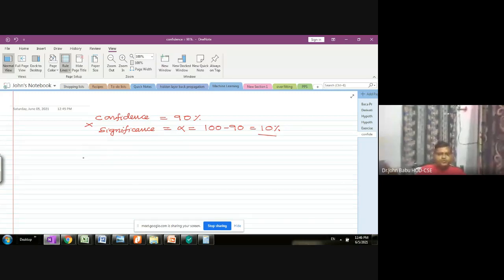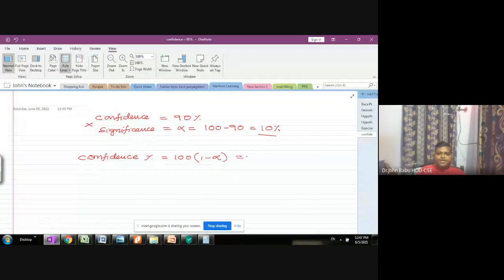So we express confidence percentage as 100 into 1 minus alpha.